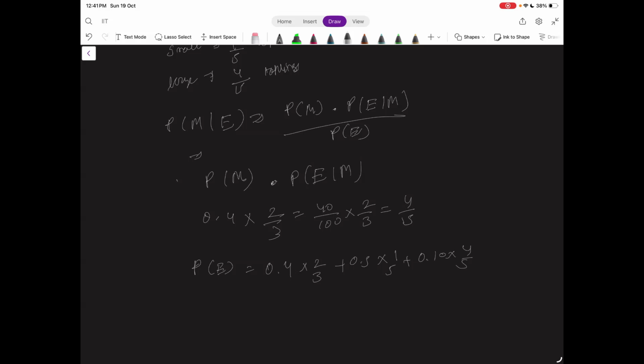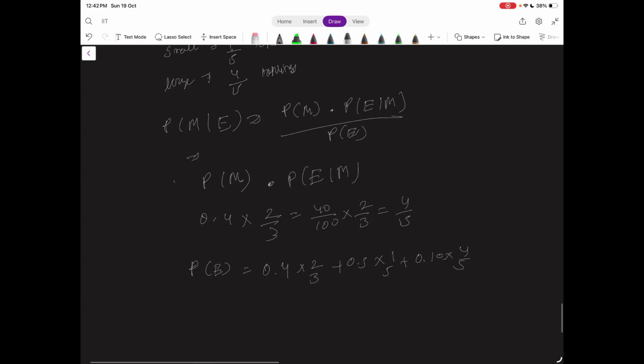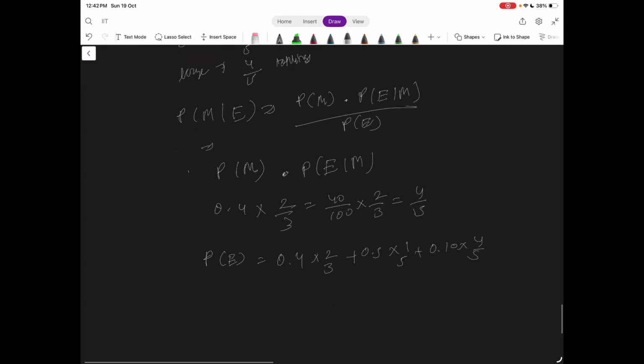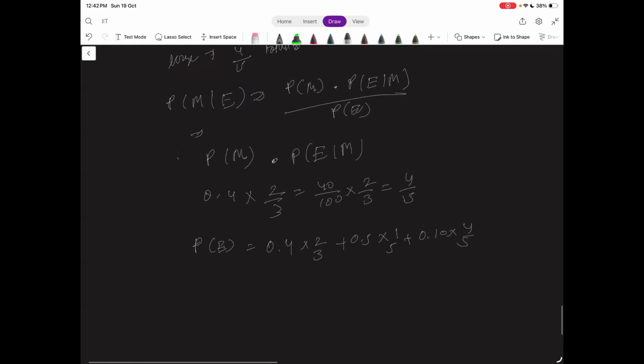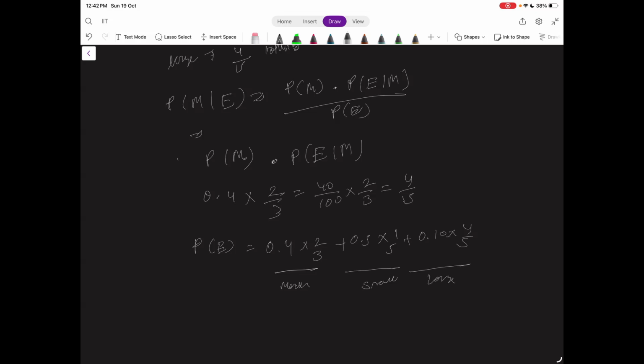The first term is for medium, the second is for small, and this one is for large.